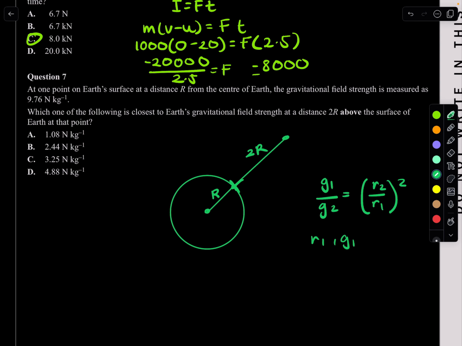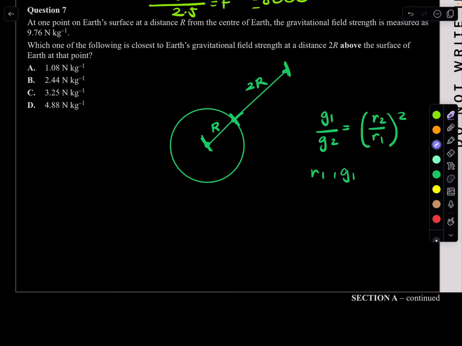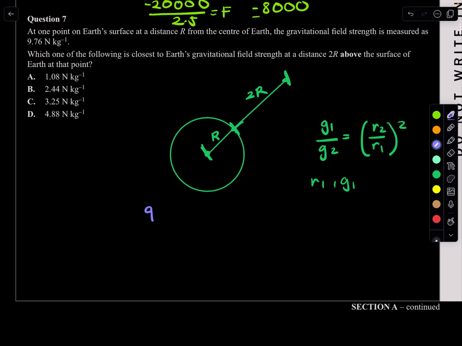For example, we know at a distance of R that G1 is 9.76. R2 in this case will be 3R, because from the center to that point is 3R. We're trying to calculate G2. So G1 is 9.76, and R2 is 3 R's.